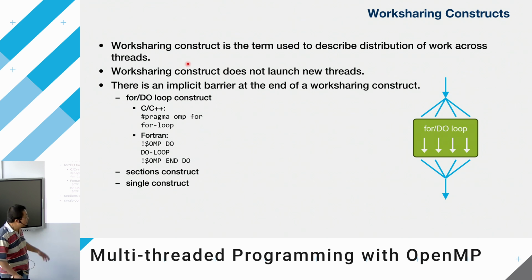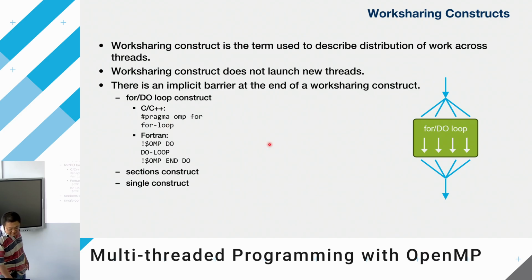And by sharing this work, you can achieve parallelization. The most commonly used work sharing construct is the for loop or do loop in C or Fortran. But there are also so-called sections and the single construct. But I'm not going to talk about sections and single in this course. Let's just focus on the for loop or do loop.